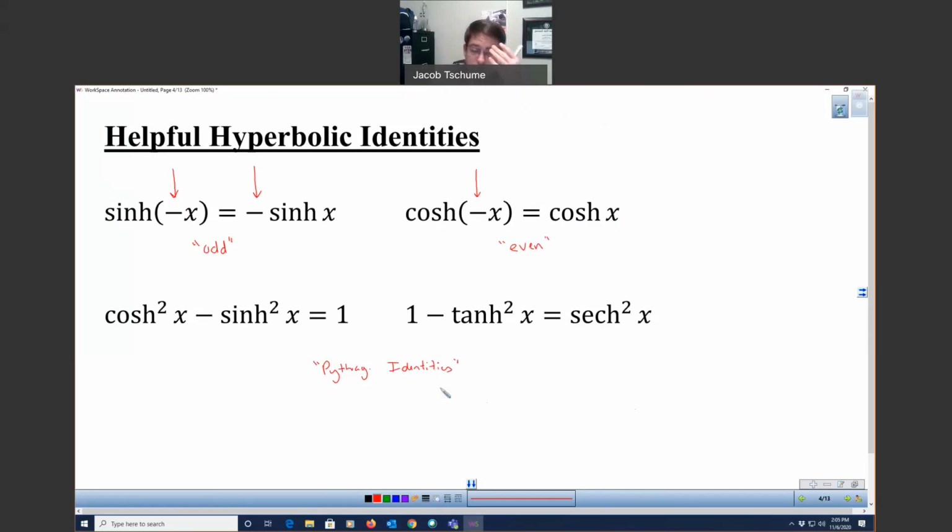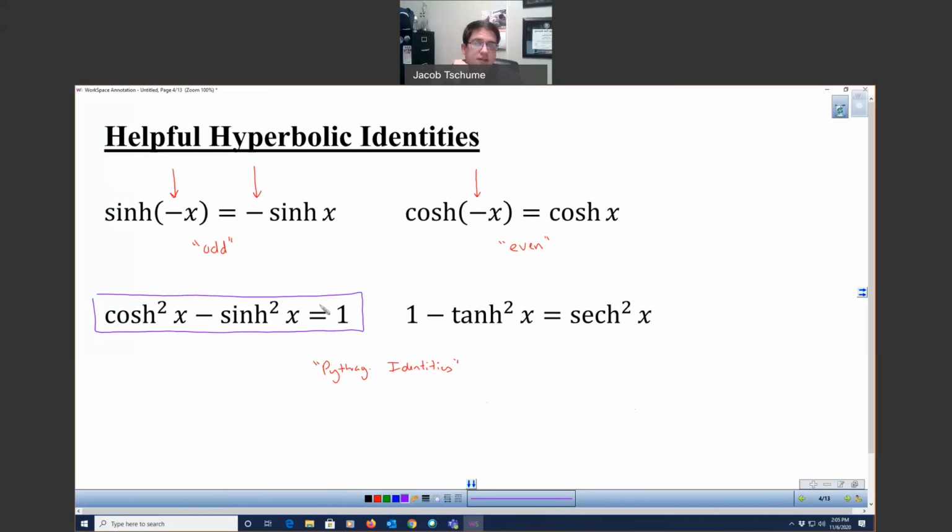Now, in regular trig, there were 3 of them. There were sine squared plus cosine squared equals 1, tangent squared plus 1 equals secant squared, and 1 plus cotangent squared is cosecant squared. In the hyperbolic world, there's only 2 that I need you to know, but they don't work the same as in regular trig. The first one is that hyperbolic cosine squared minus hyperbolic sine squared is going to equal 1.